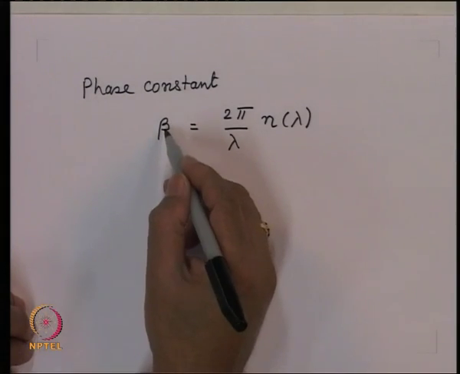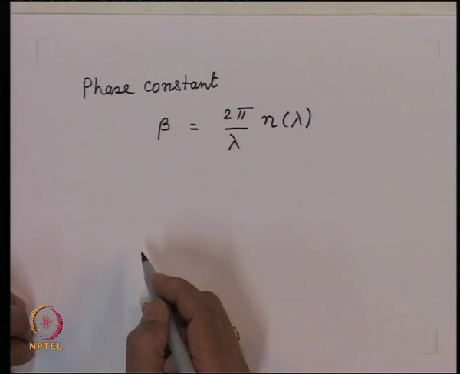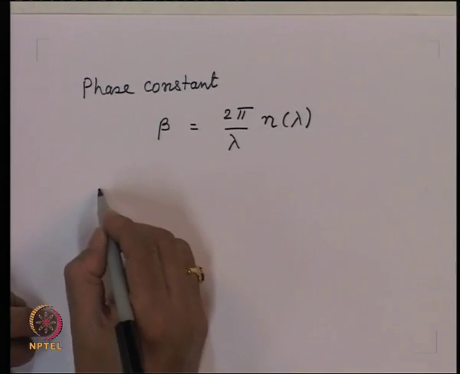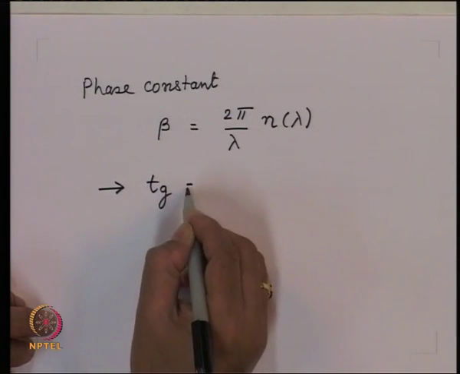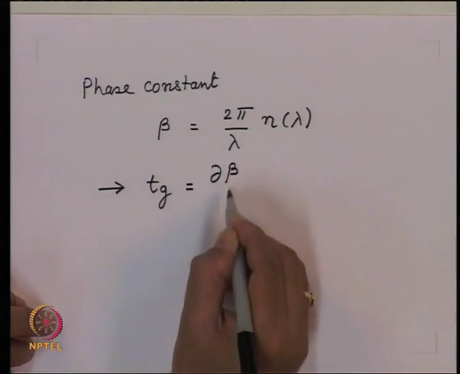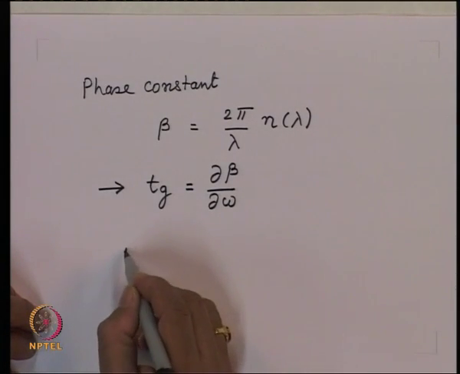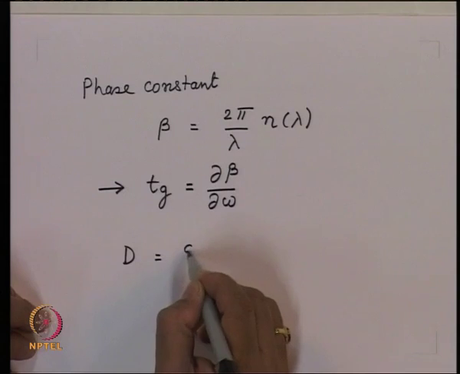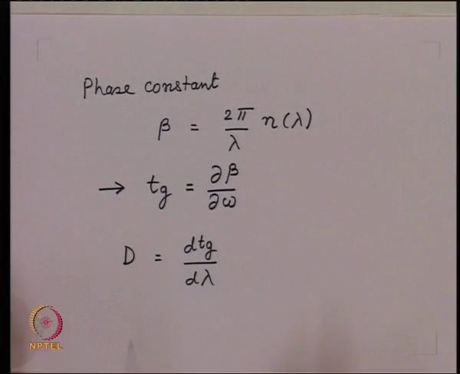So, from here I can calculate the quantity d beta by d omega, which gives me the group velocity or group delay. So, I have this quantity Tg, that is equal to d beta by d omega, and once I get this group delay, then I can calculate the dispersion D, which is dTg by d lambda.